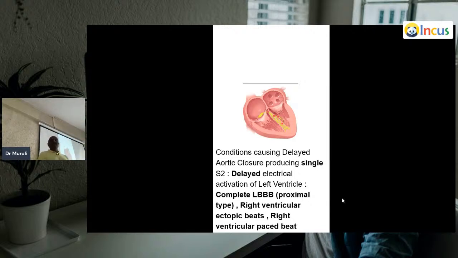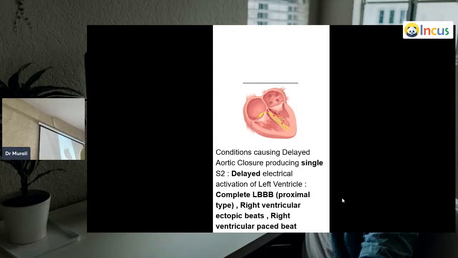Right? So that is the reason any left bundle branch block will cause a delay in the closure of the aortic valve and lead to a single second heart sound, which is what you need to remember. Similarly, any right ventricular ectopic beat.